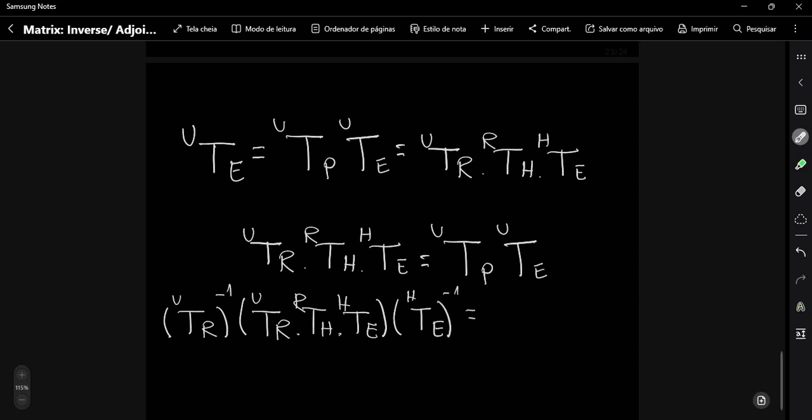And what we do on one side of the equation, we have to do on the other side as well.